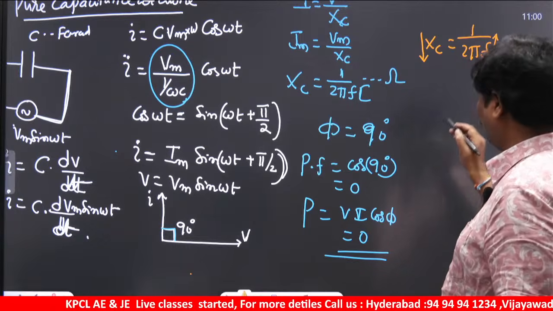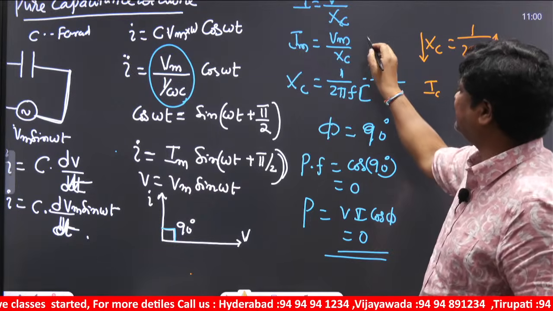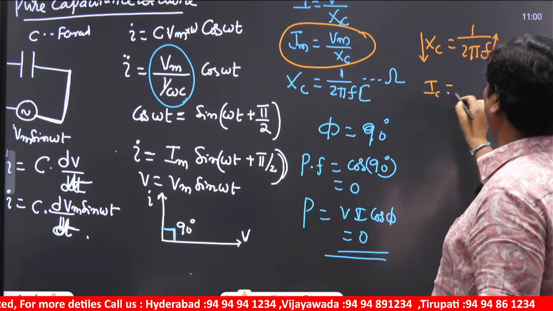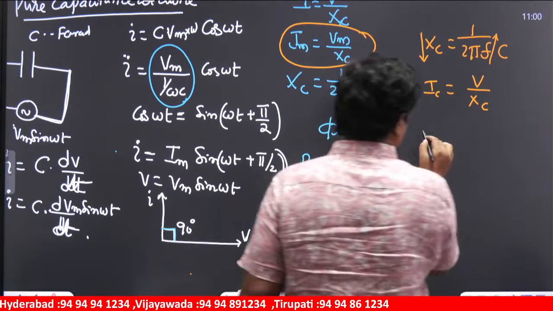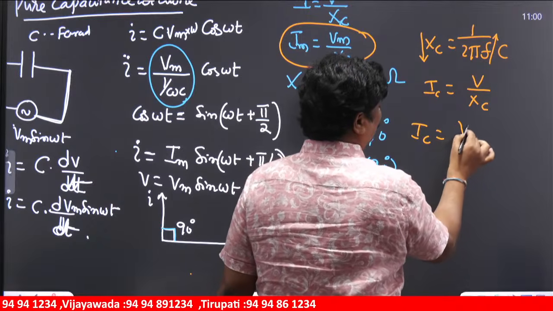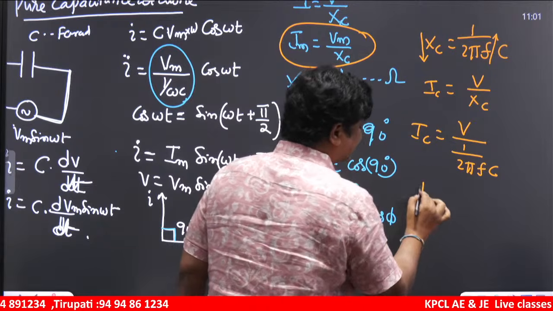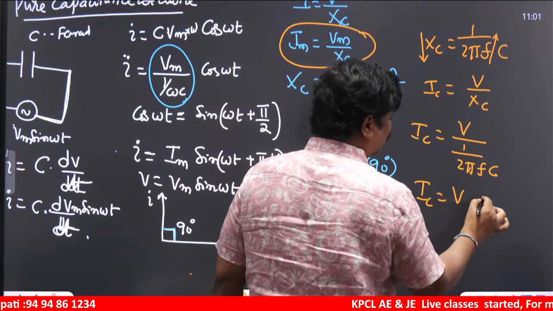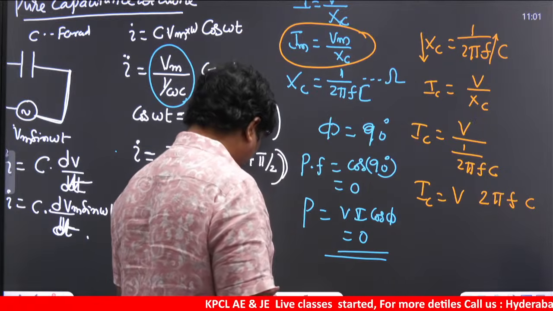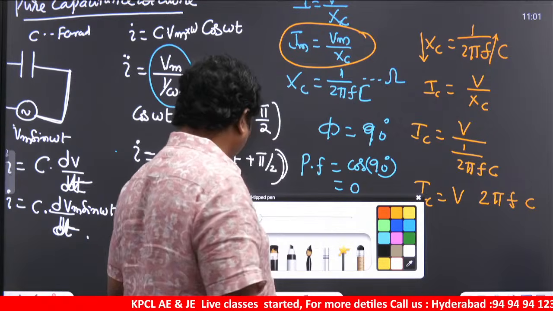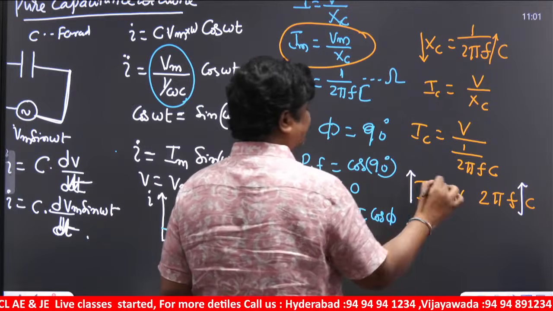Next, what is the current formula? IC, current in the capacitor, is equal to V by XC. That is, IC is equal to V by 1 by 2 pi FC, so IC is equal to V into 2 pi FC. Here, what is the observation? When frequency increases, current also increases.